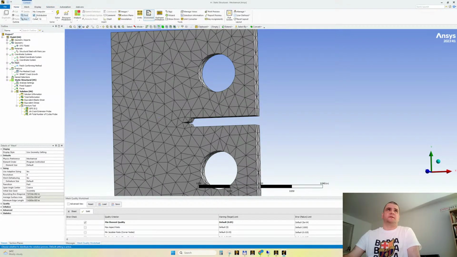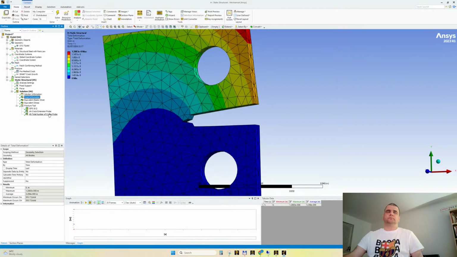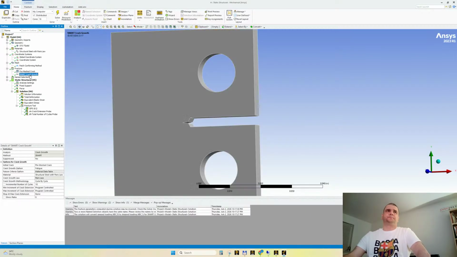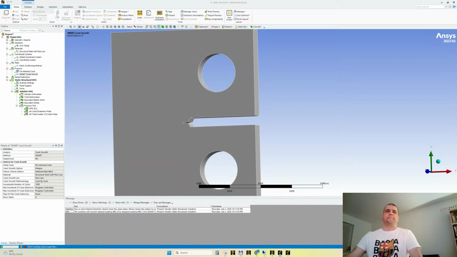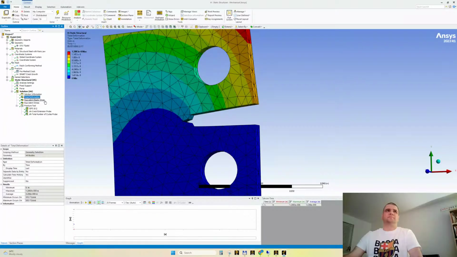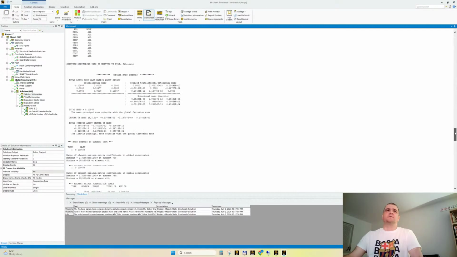And let's solve it again. No, and here, let's increase this, I don't know, maybe to 1000, incremental number of cycles. Yeah, so no crack propagation.